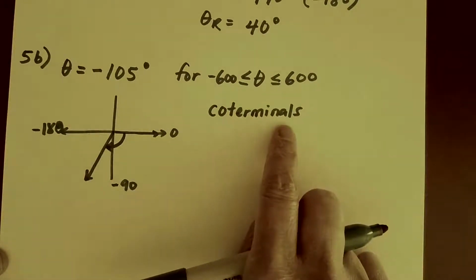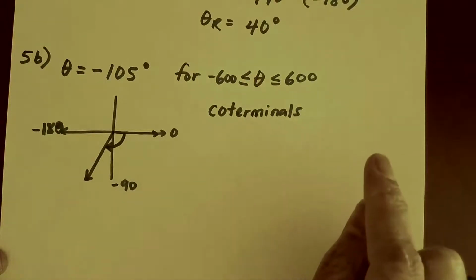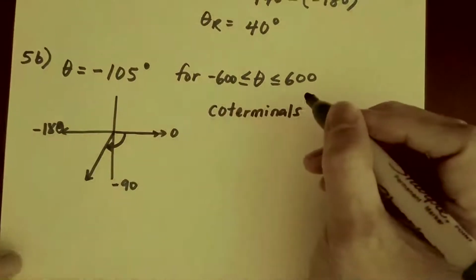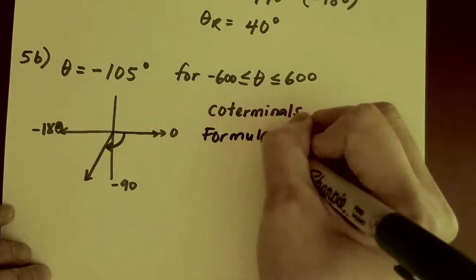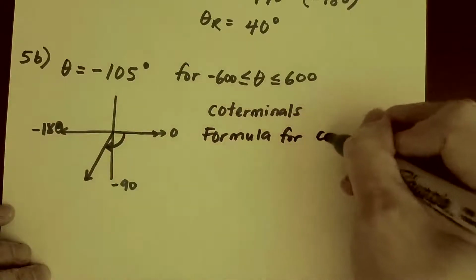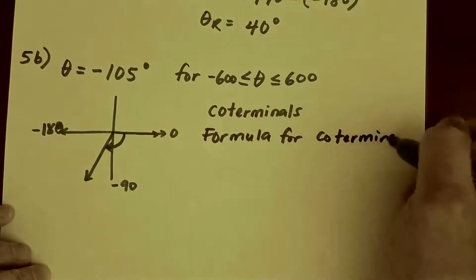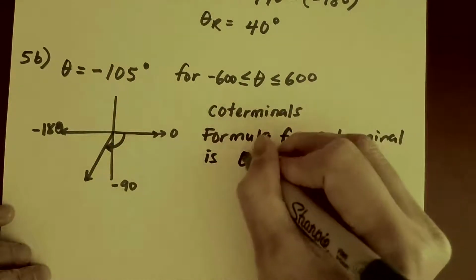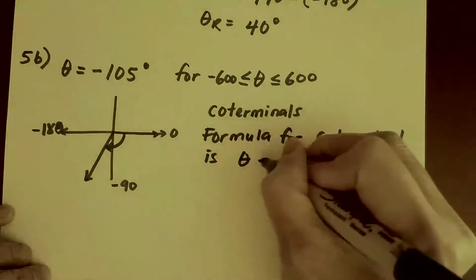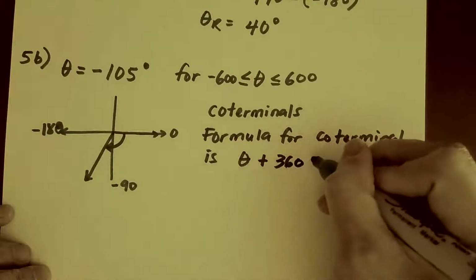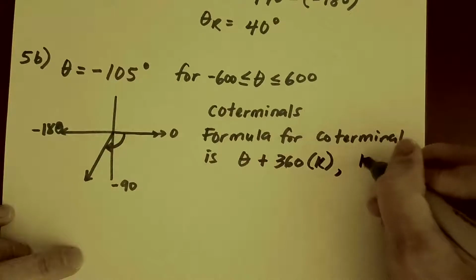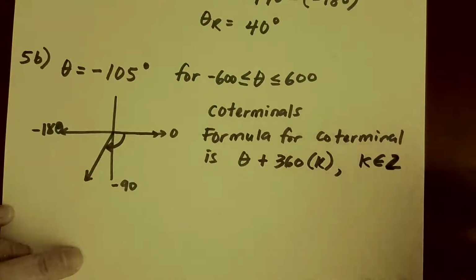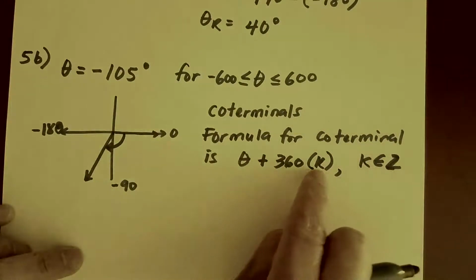The formula for coterminal is theta, whatever the theta is, plus 360 degrees times k. And what does k mean? k is any integer value.